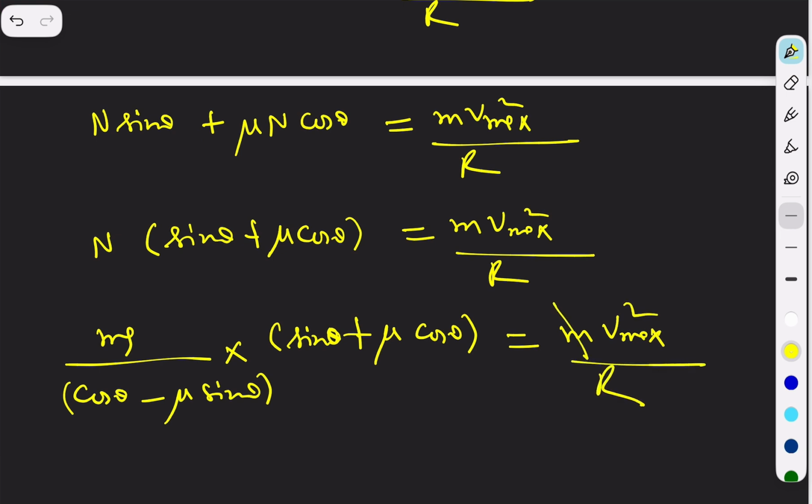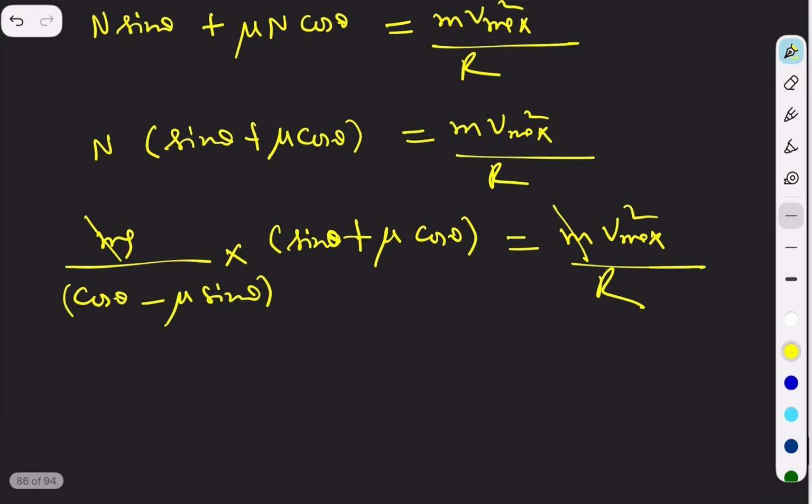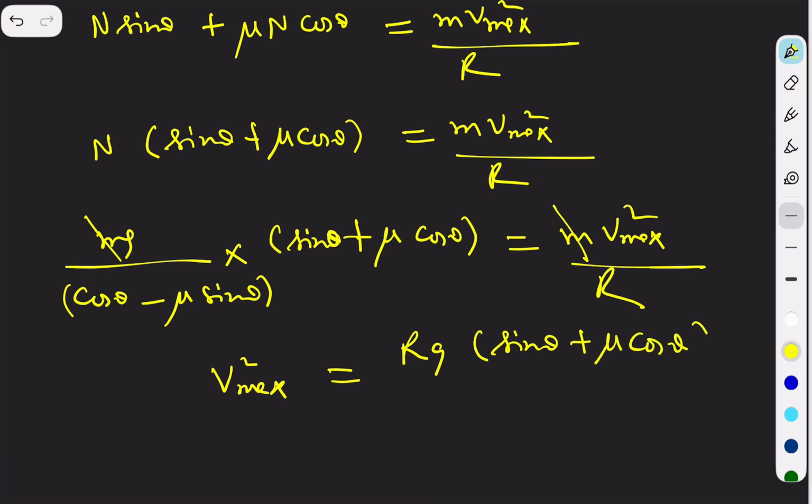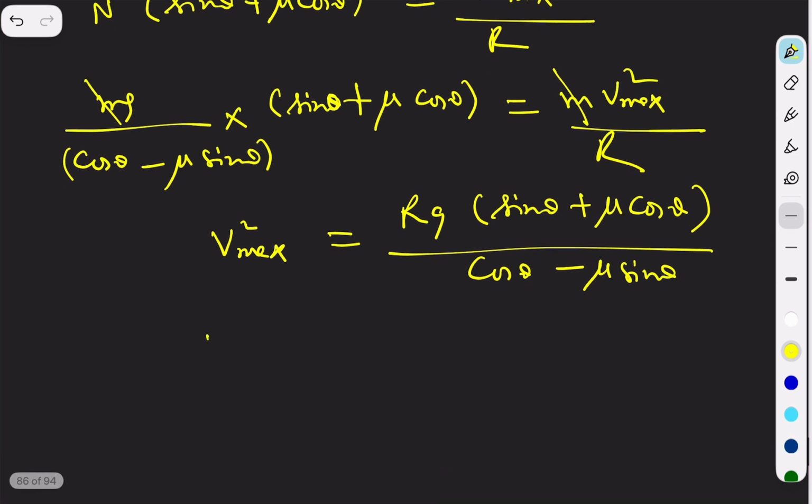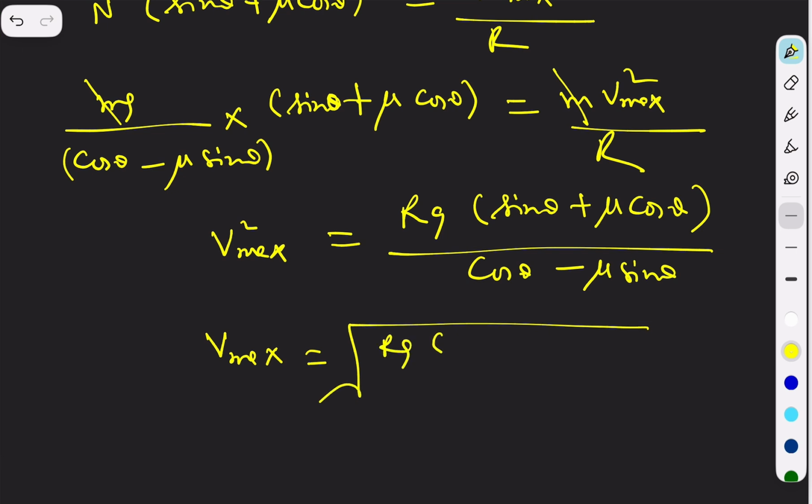So what we got here is that V max square is equal to Rg times sin theta plus mu cos theta divided by cos theta minus mu sin theta. So V max is under root of Rg sin theta plus mu cos theta divided by cos theta minus mu sin theta.